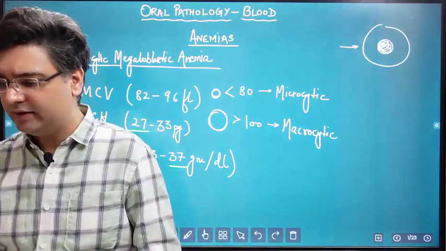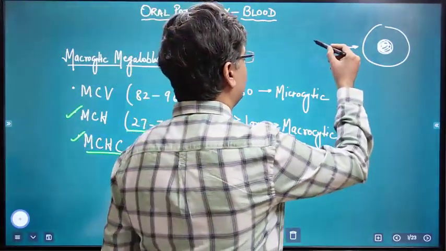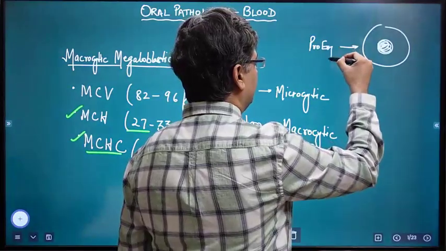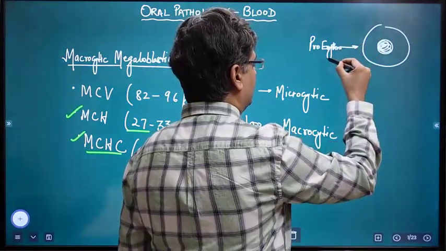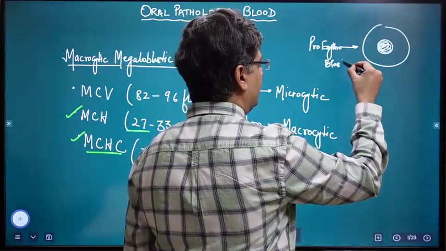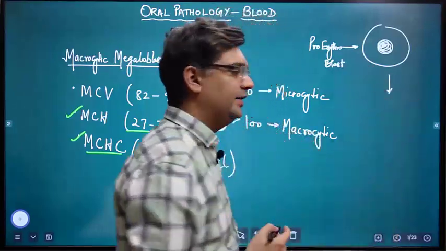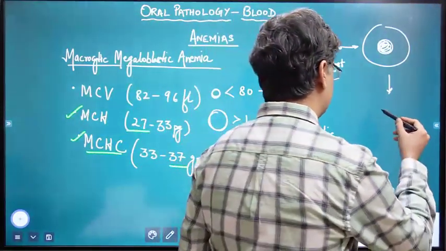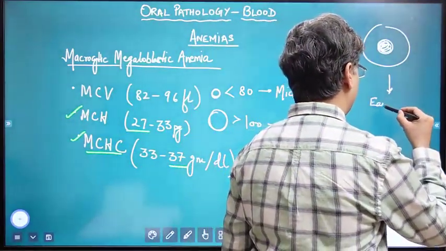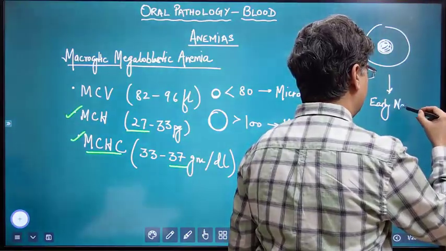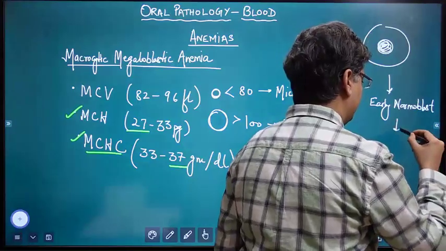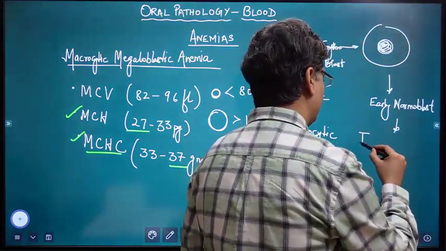The biggest cell was called the proerythroblast. As it reduced in size and matured, it converted into the early normoblast, and then into the intermediate normoblast.